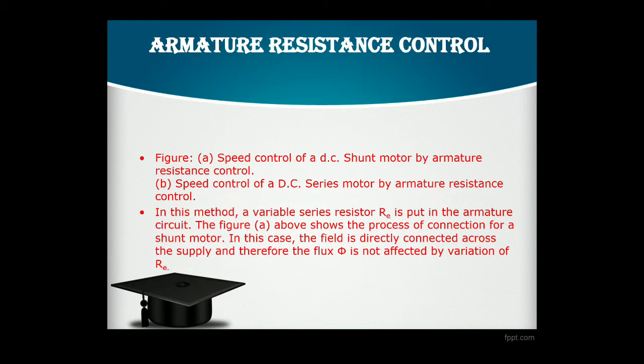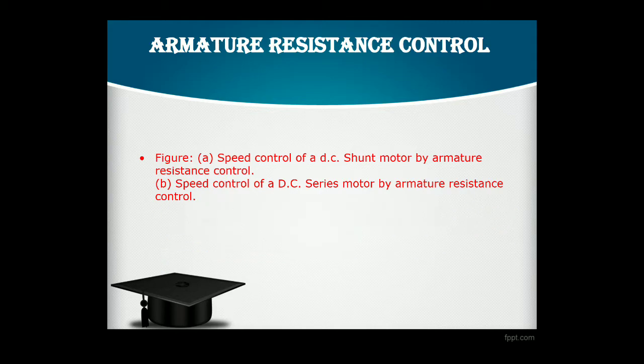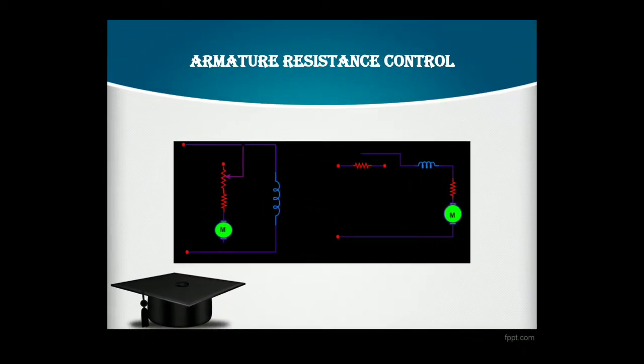In this circuit, a variable resistance, Re, is put in the armature circuit, and figure A above shows the connection for a shunt motor. In this case, the field is directly connected across the supply, and therefore the flux φ is not affected by variation of Re.